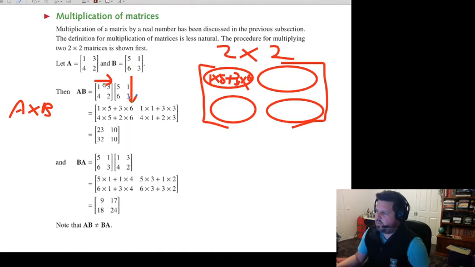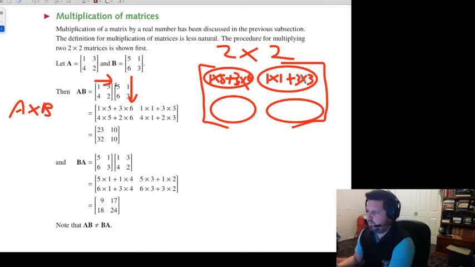So in this position, you'll be doing 1 multiplied by 1 plus, you go across and we're going down, so plus the 3 multiplied by the 3. So you're still on that row here, but you shift across the column to do the multiplication. It's this one multiplied by this one, plus this number, and you go down by this one.